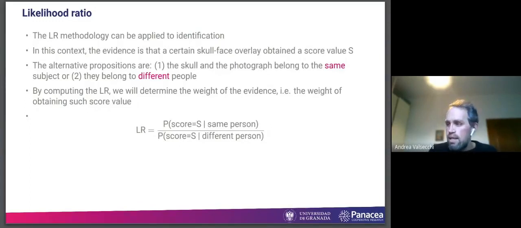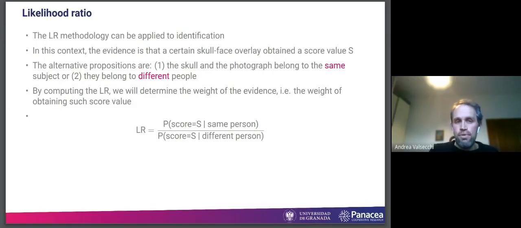We are not dealing with a trial, we are dealing with identification, so the two sets of propositions are the following. First, the skull and the photo belong to the same person, and the alternative proposition is that these two materials belong to different people.